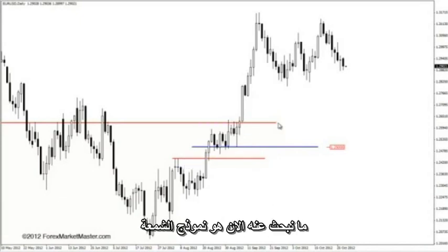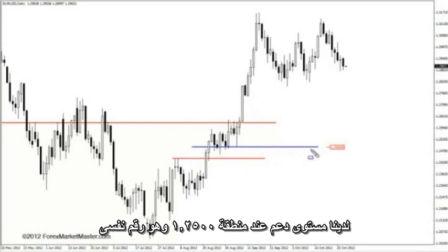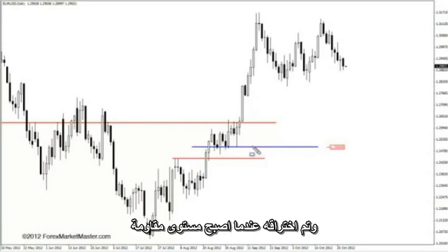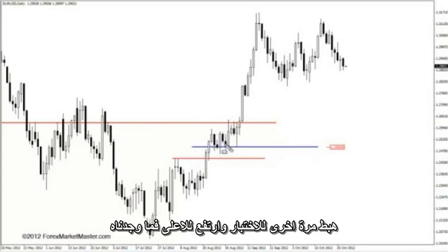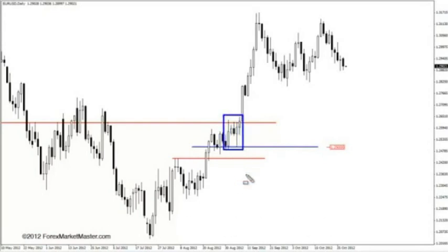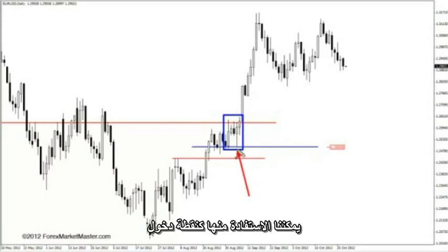So what we're looking for now, of course, is a candle pattern. So we have support at 1.2500, which is a round number. We've broken through that as it was when it acted as resistance. It came back down, it's been tested, and it pushed back up, and what we found is a nice pin bar that we can use as a trade.